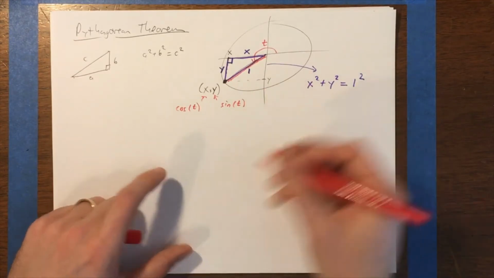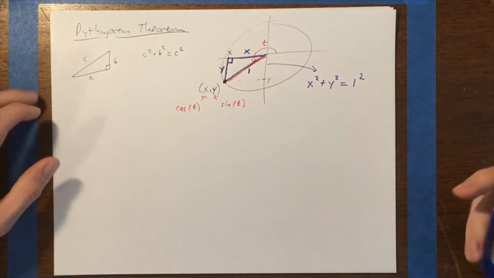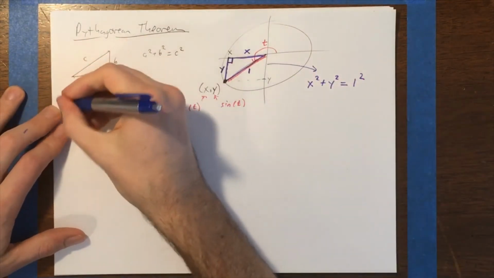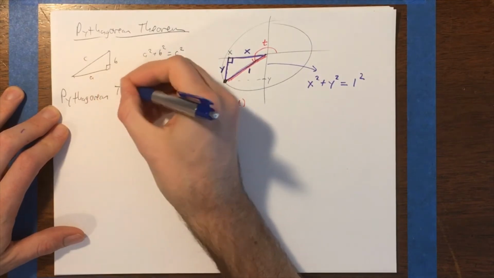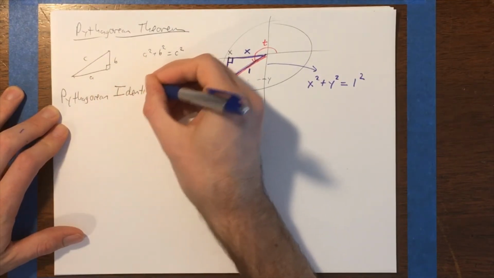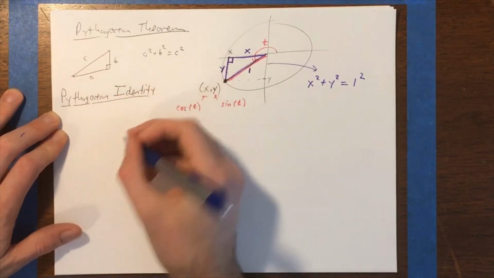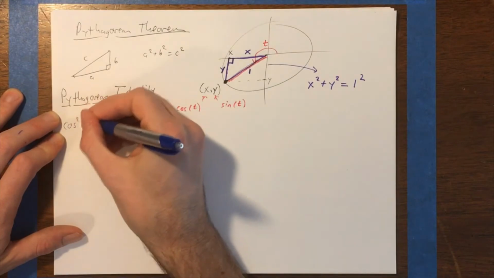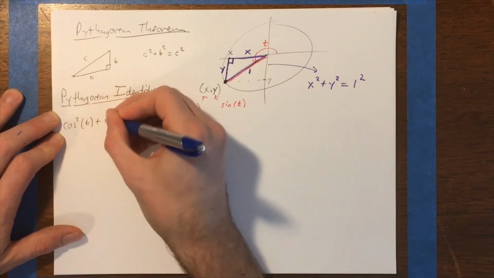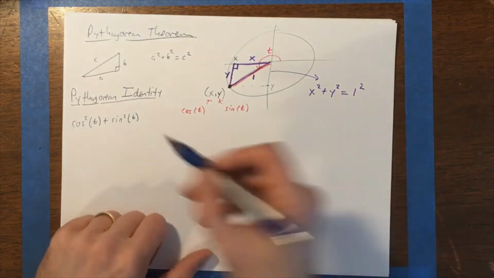This produces what we call the Pythagorean identity for trigonometric functions, which I'm going to write over here. The Pythagorean identity is a version of the Pythagorean theorem for trig functions that says cosine squared plus sine squared equals 1.